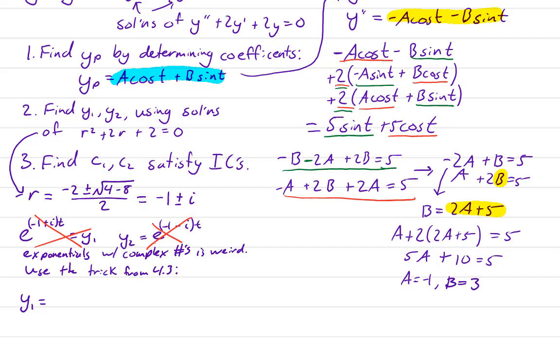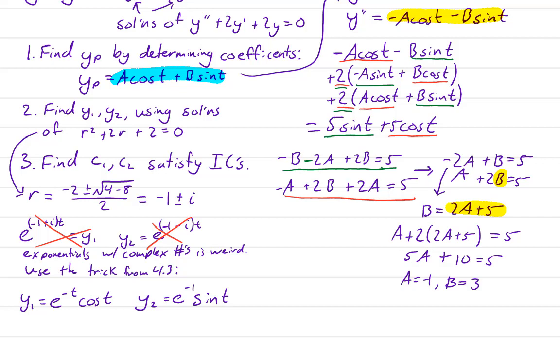So y1 is e to the negative 1 t times cosine of t, and y2 is e to the negative 1 t times sine of t. We use a 1 times t in each of these because it's like 1 times i there, but it's ugly to write that.